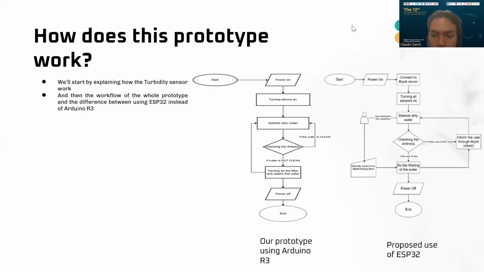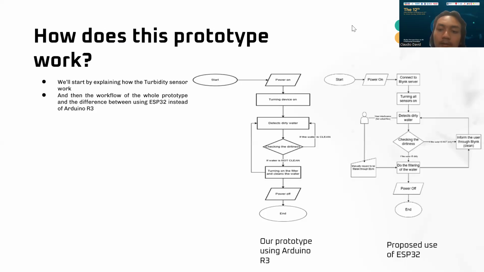If the water is detected to be safe, it will automatically go into the power off process, and it will end there. It'll be different if the dirtiness levels are high.